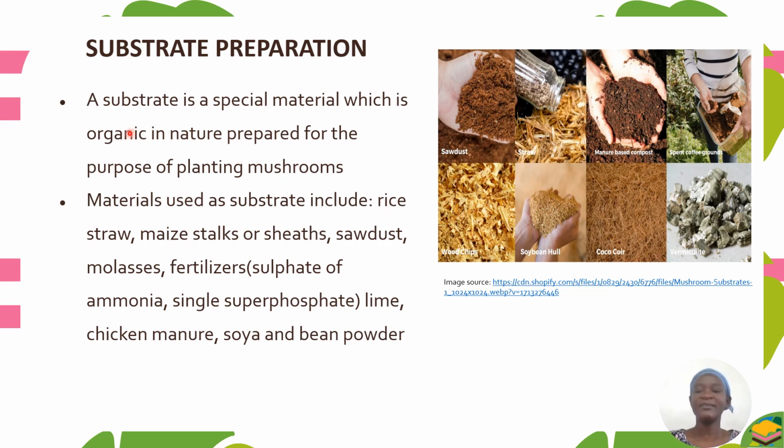So, what are substrates? A substrate is a special material which is organic in nature, prepared for the purpose of planting mushrooms. Initially, these mushrooms are not planted on the bare ground, but rather we plant them on organic materials.